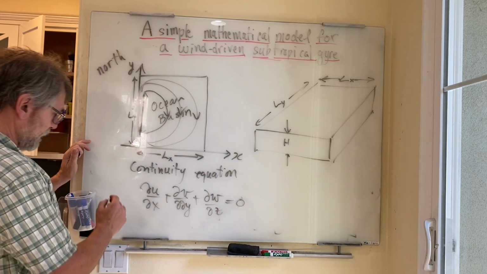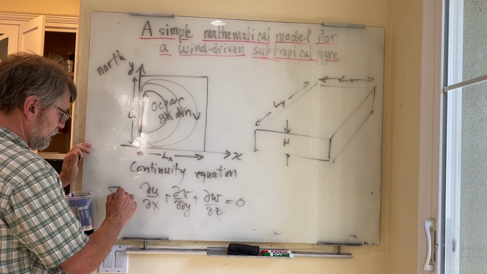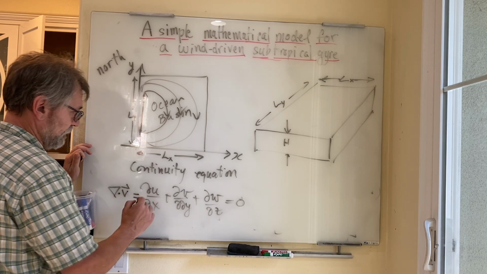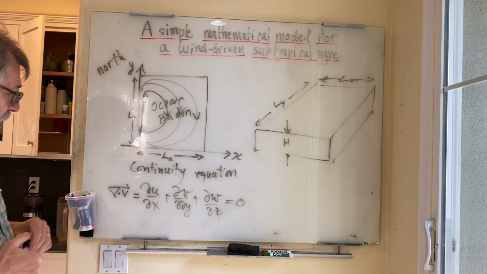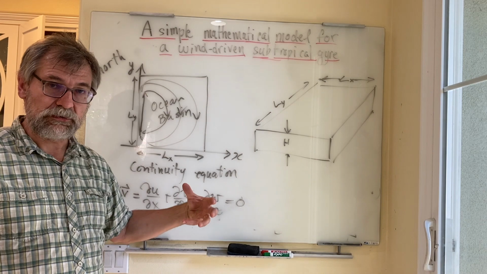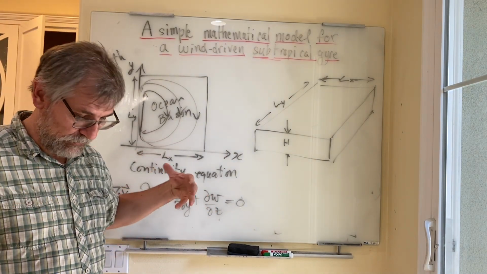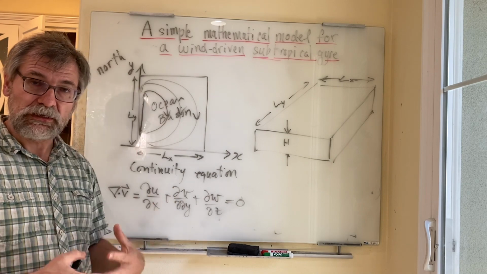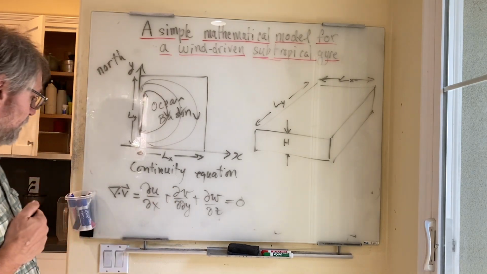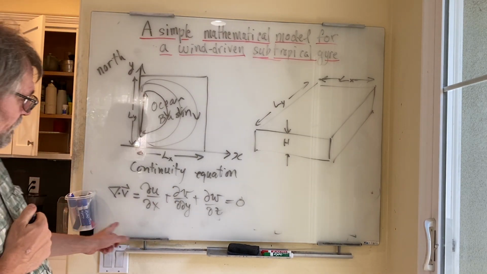That's the same thing as the divergence of the vector field being equal to 0. In other words, the flow is non-divergent, so you can't squeeze more mass into a volume because water is incompressible to first order. So this is the continuity.